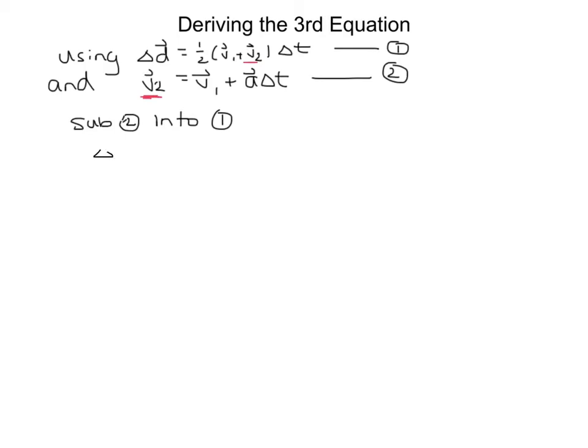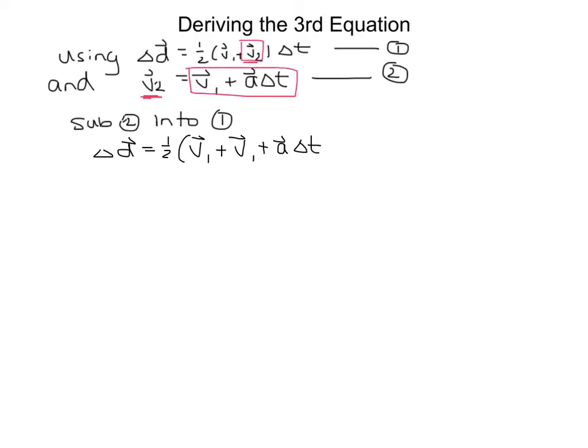So we're going to get delta d equals 1/2 times v1 plus v1 plus a delta t, right? Because we have put in this whole segment here in for v2.